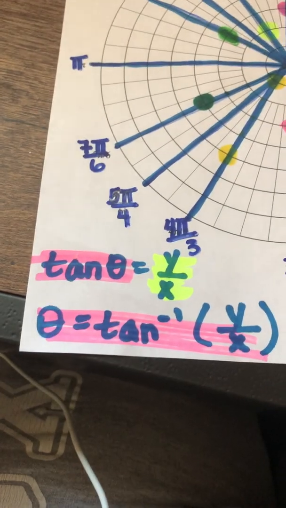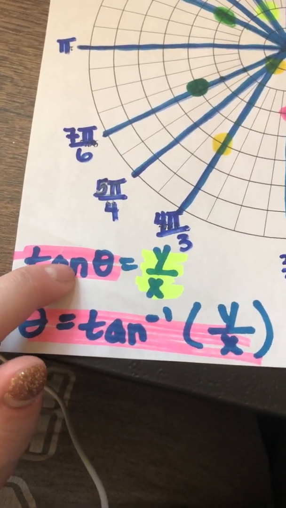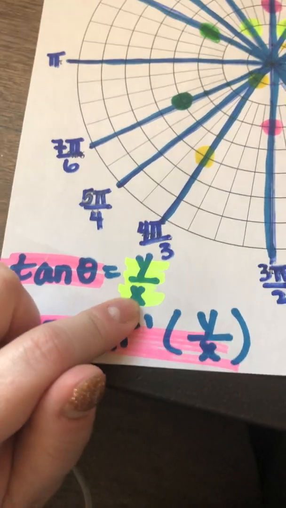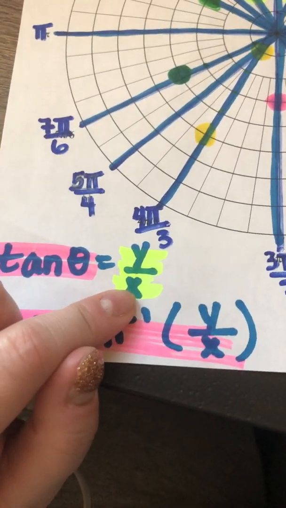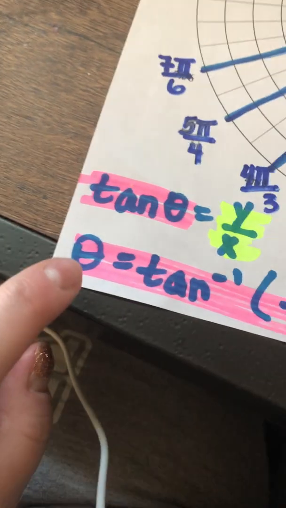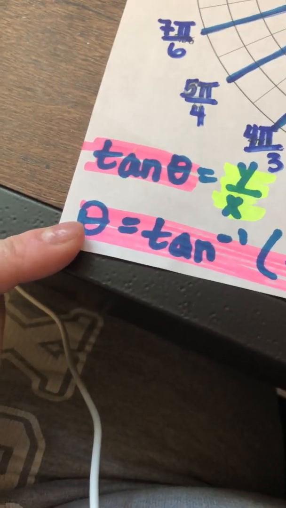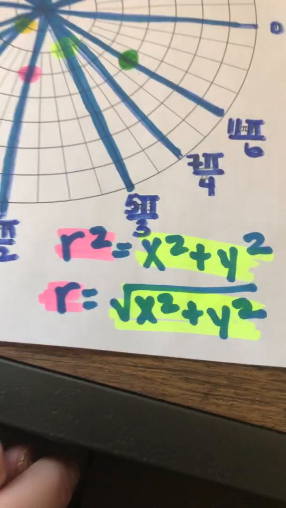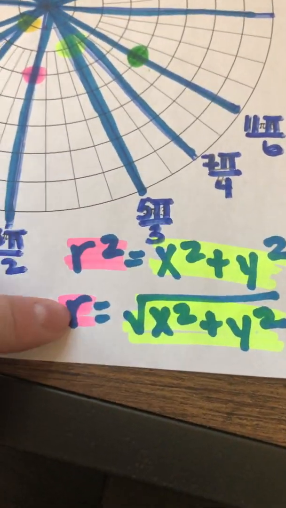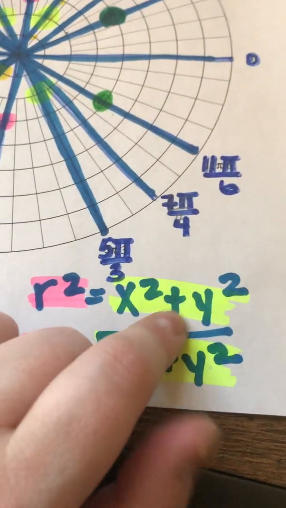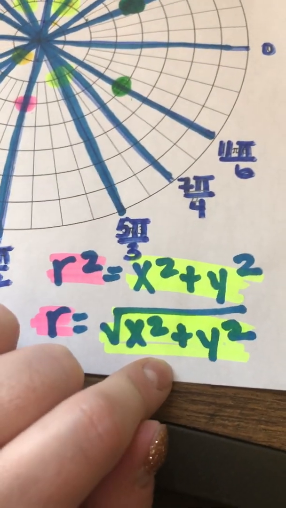For these two formulas, tan theta is polar, y over x is rectangular. For this, theta equals theta is polar. Over here, the r squared and the r are polar, and the x and the y's are rectangular.